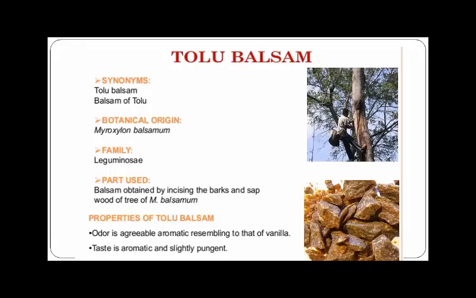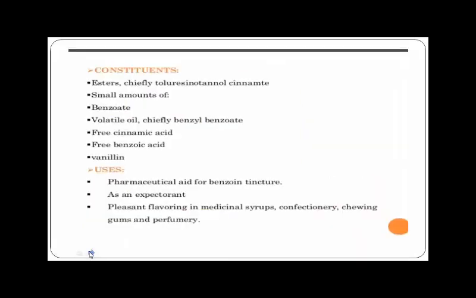Now come to some basic properties of Tolu balsam. Its odor is the odor of vanilla, which is its chemical constituent. So it has an aromatic, agreeable odor resembling that of vanilla, and it has an aromatic and slightly pungent taste. Chief chemical constituents include esters, chiefly toluresinotannol cinnamate, and also a small amount of benzoate.